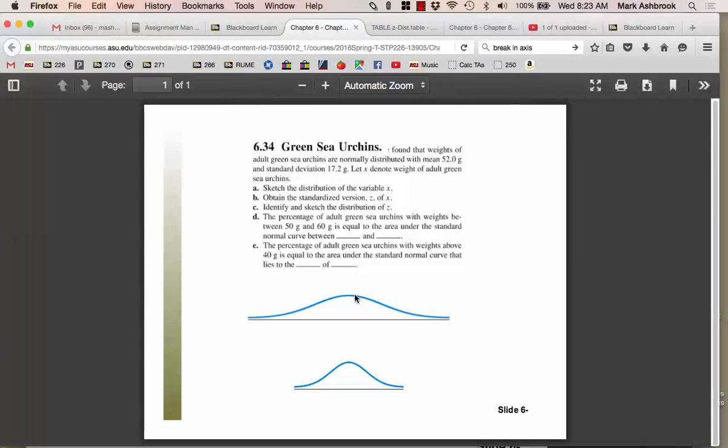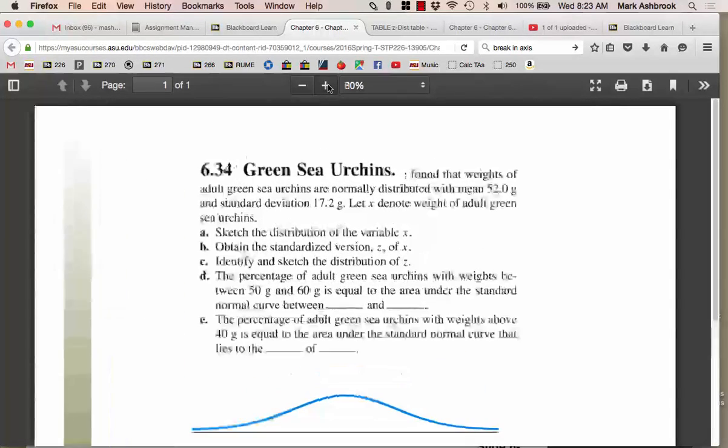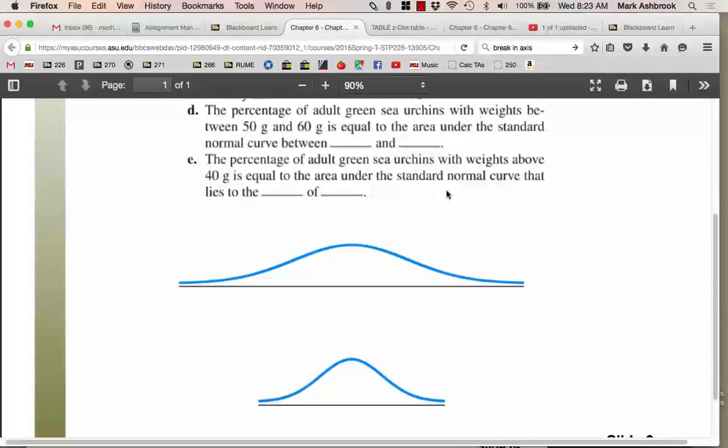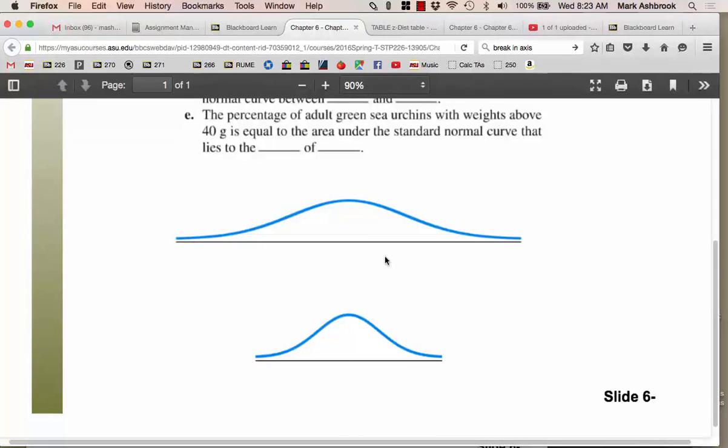Okay, so let's talk about that. So where was 40? How many standard deviations below was it? Negative 0.70.